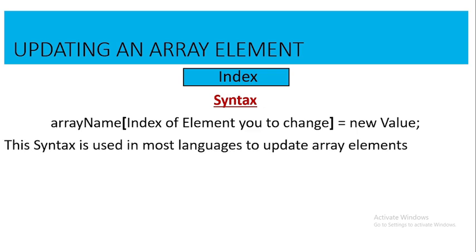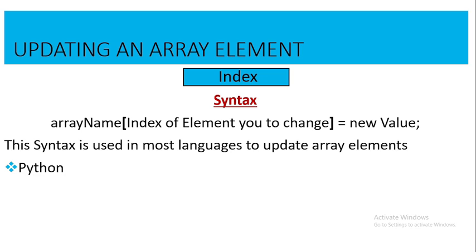This is the syntax used in most languages to update an array element. It is a general syntax you use in most programming languages: array name, index of the element you want to change, equal, new value.